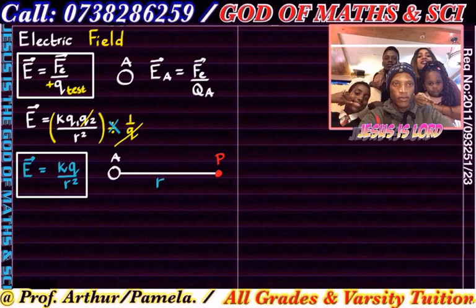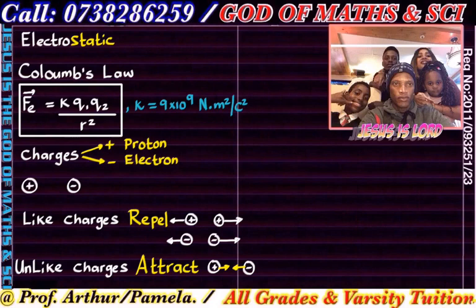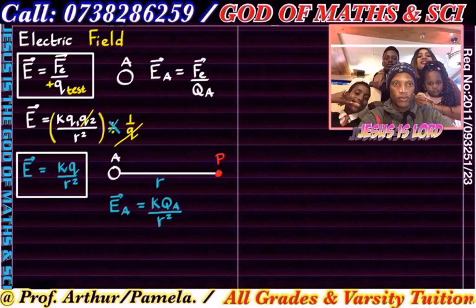So again, when you're doing the formula, it's going to be the electric field by A, using the charge of A and the distance from A to P. So this is the electric field that is felt by P because of A, at a distance. I wanted you to understand that. All right, now I can come back and explain the electric field.